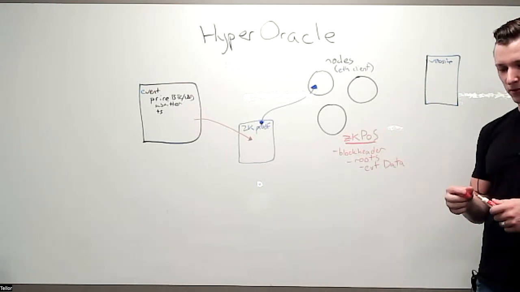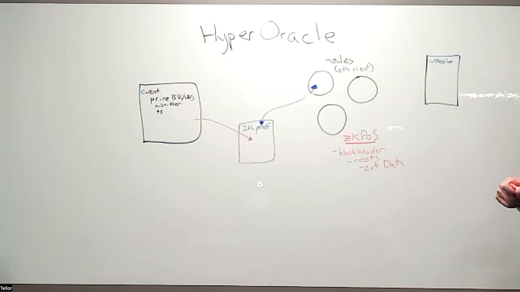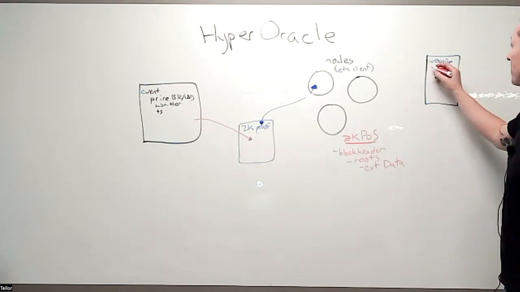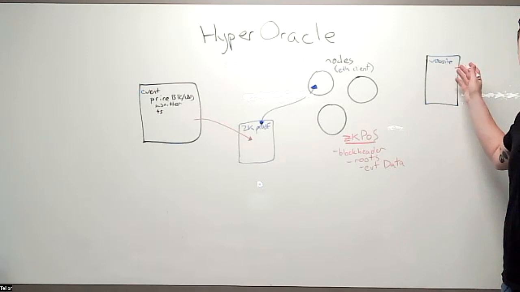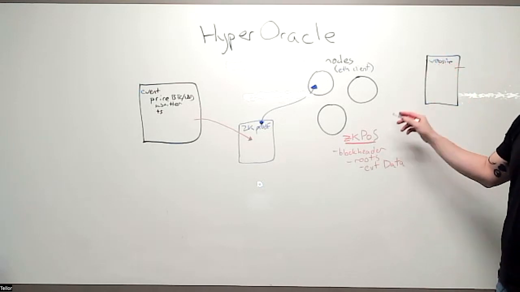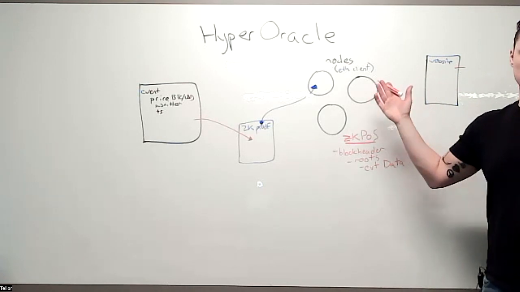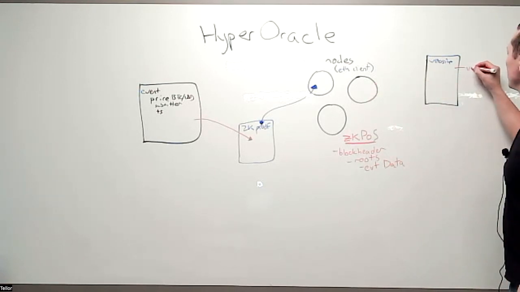For this ZKPoS, the block header will also be verified on the client side. So in the website you can also verify it. The website would also have its own node and verify that the block header you used is a valid block. Yes.